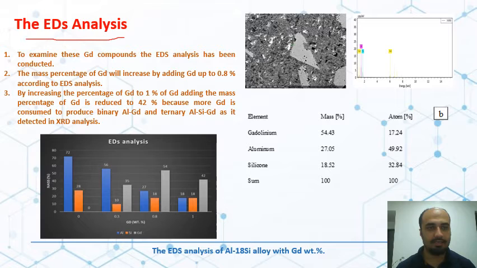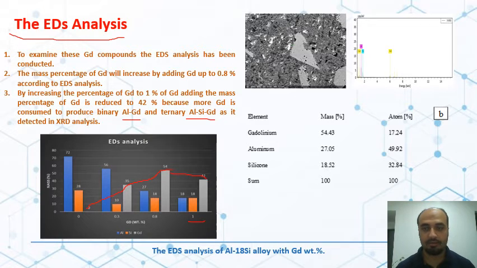Here we have the EDS analysis. The mass percentage of Gd increases as we add Gd up to 0.8, and then from 0.8 up to 1% Gd, the mass percentage decreases. This is because of the binary aluminium Gd and ternary aluminium silicon Gd phases, as we detected in the XRD analysis.